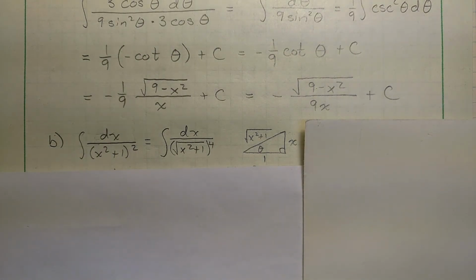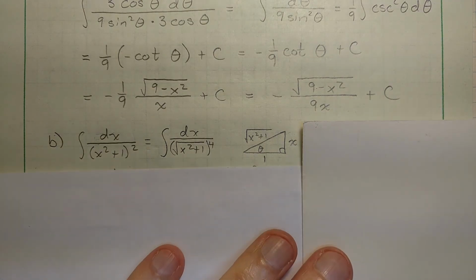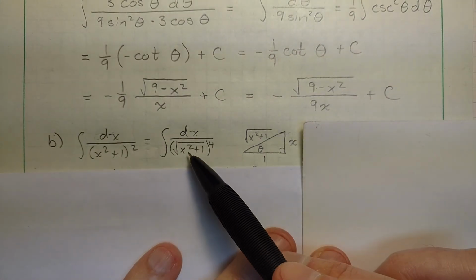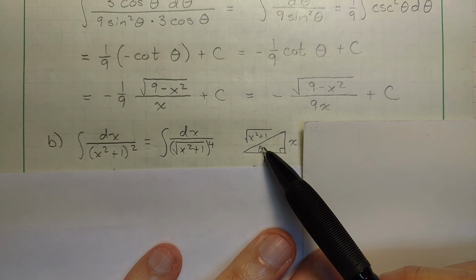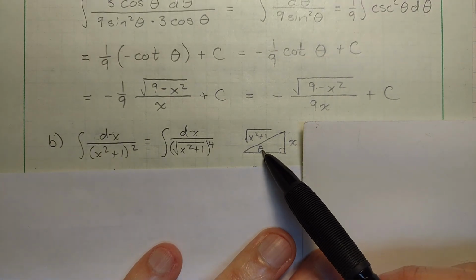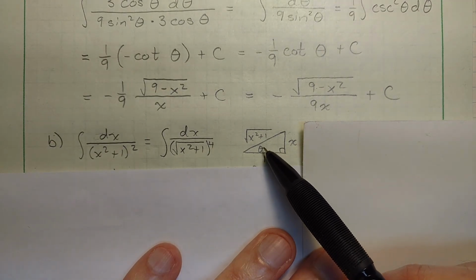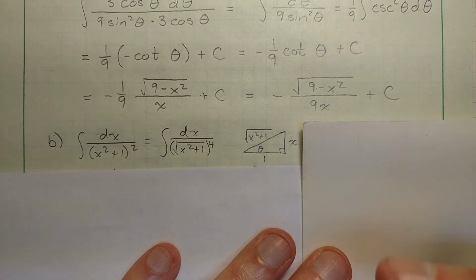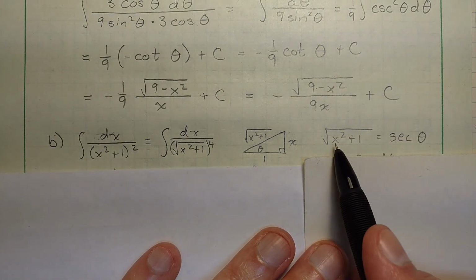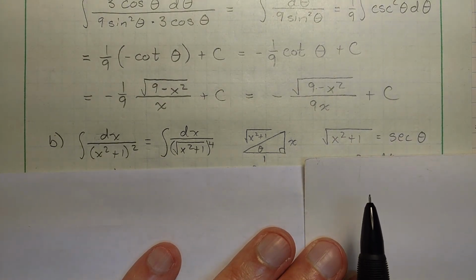Now from this, I can start to set up. If I look here at theta, the cosine of theta would be 1 over this, or I could say the secant of theta is this over 1. So that's the secant of theta.